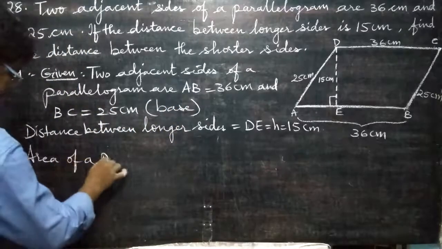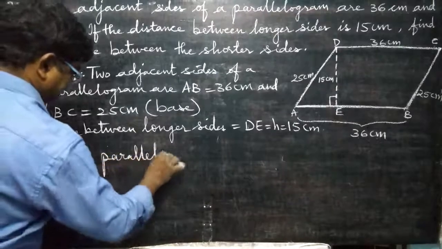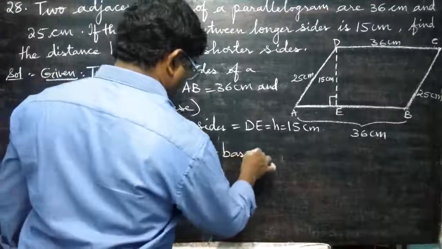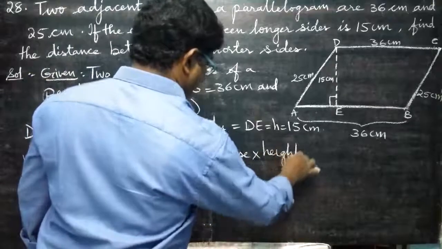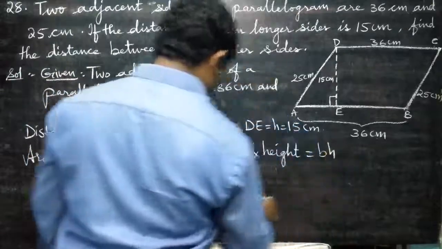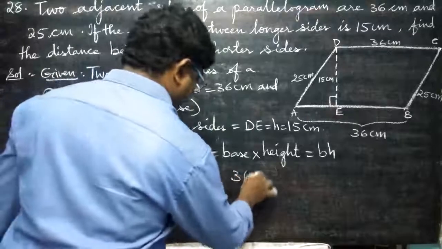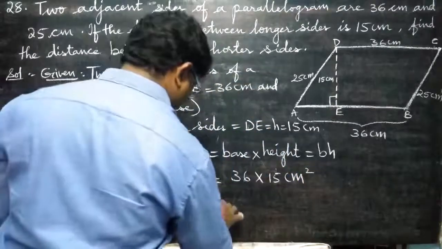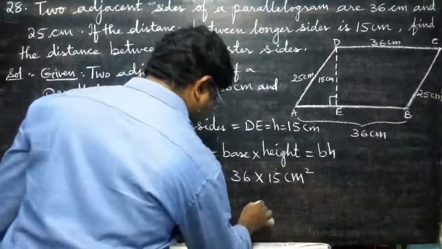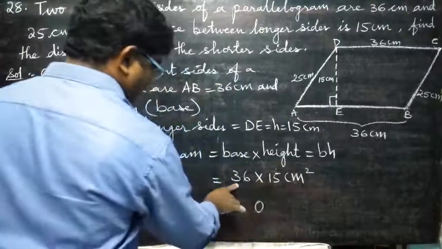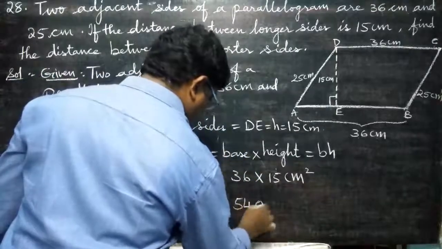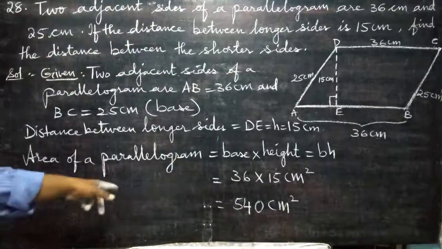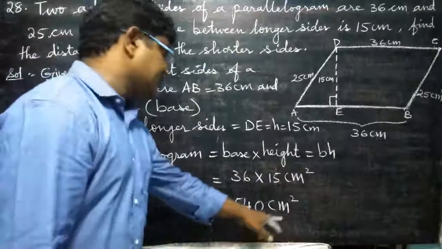Area of a parallelogram formula: base into height, B into H. In shortcut we can write as BH. What is base? 36 into height is 15 centimeters square. Be careful. 15 6s are 90, 0 and 9 carried. 15 plus 9, 45 plus 9 is 54. 540 centimeters square. We got area of a parallelogram 540 centimeters square.